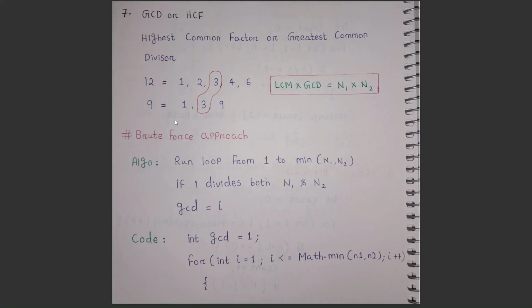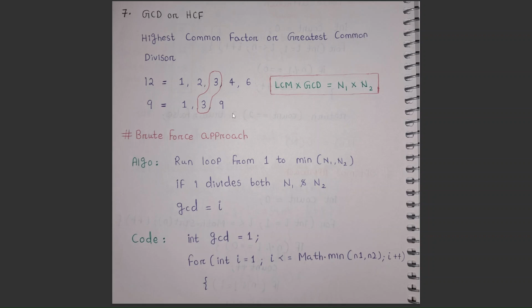Suppose 12 and 9 are there, and we have to calculate the GCD of 12 and 9. In the first approach, we are going from 1 till minimum of 12 and 9, that means from 1 till 9. First we got GCD as 1, then we continued the loop, then we got 3 as a common divisor, then we continued the loop again, then we reached minimum of 12 and 9, that's 9. After that, we stopped the loop, and we got the GCD as 3.